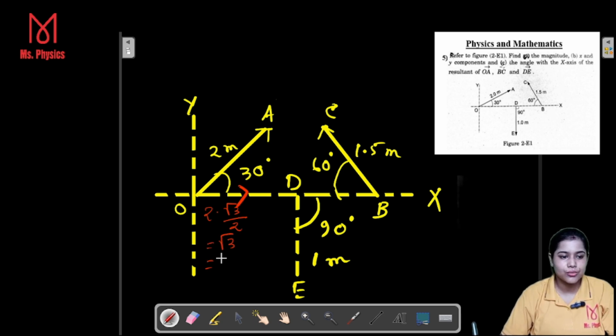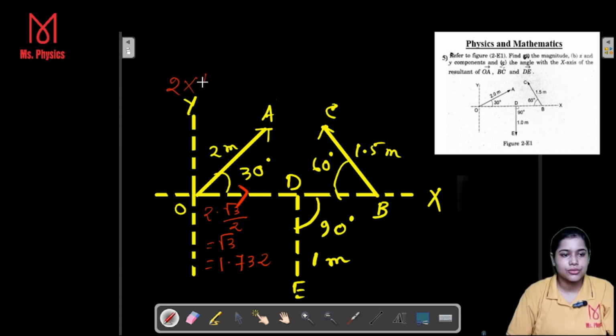So the value is 1.732. So this is along the x-axis, the x component. Now the y component would be 2 sine 30 degree. So 2 into sine 30, which is half, gives you only 1.